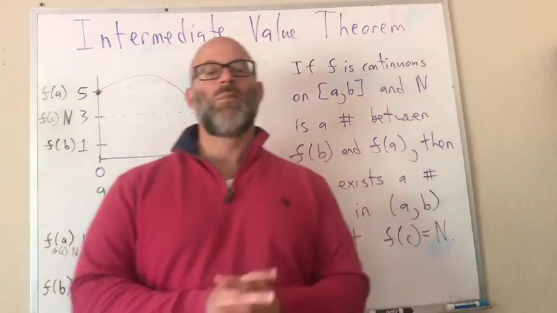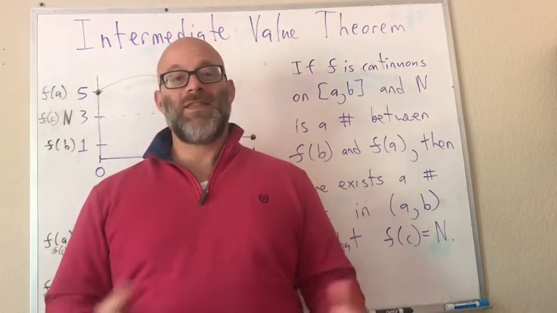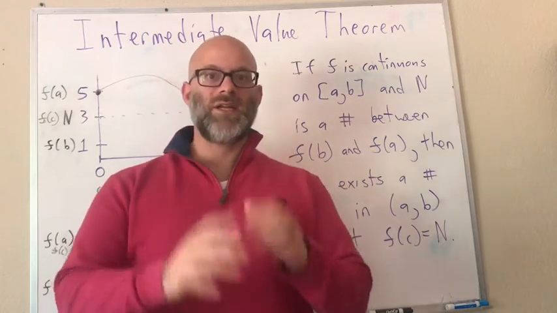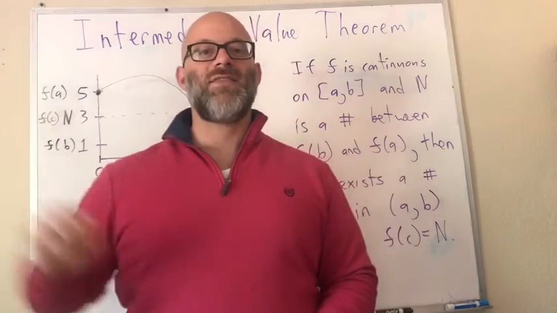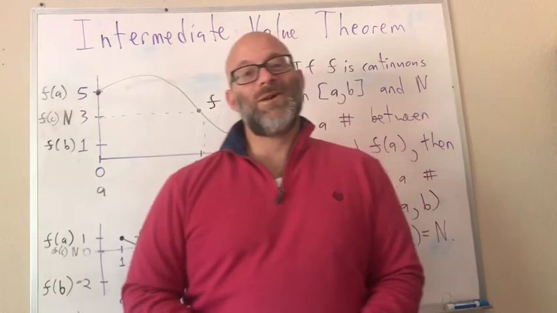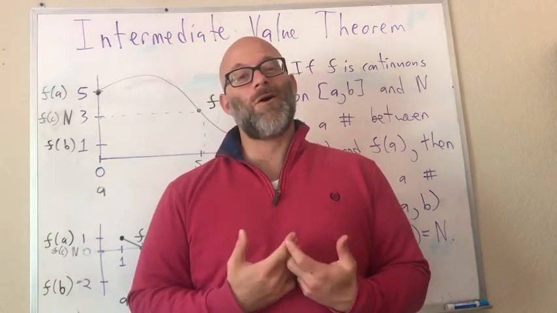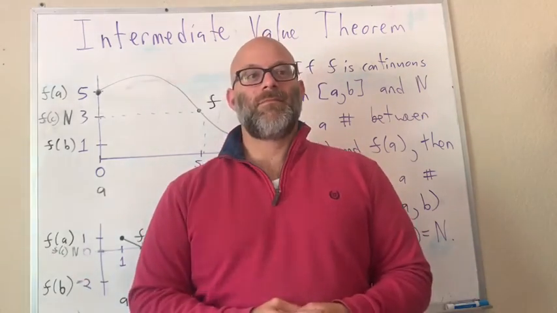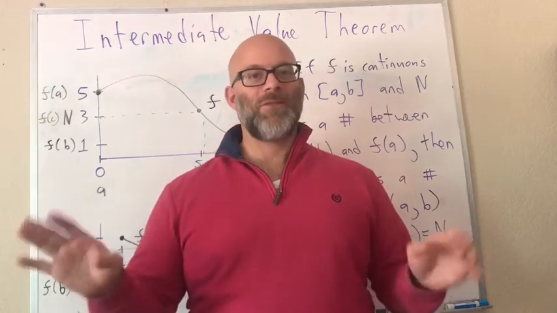All right, let me summarize 1.8 for you. Lots of stuff in there, but the basic idea is continuity at an independent value, continuity at a point. You have to understand that definition. You also have to know that functions, the ones you know, are almost continuous everywhere on their domains. Most of them, not all of them.